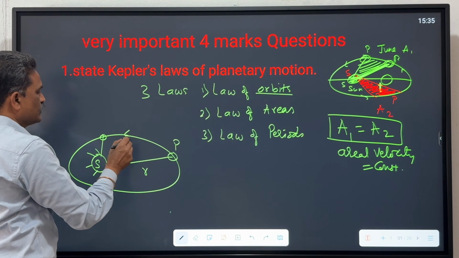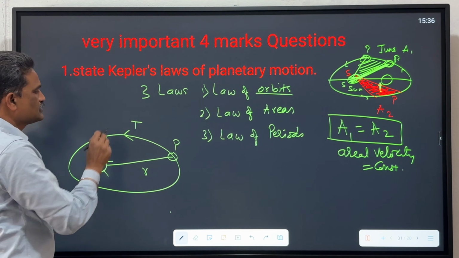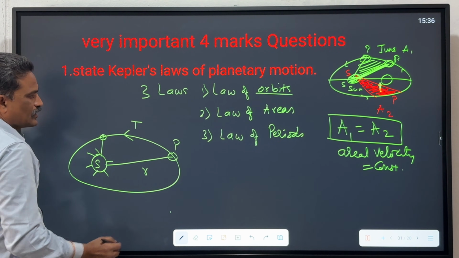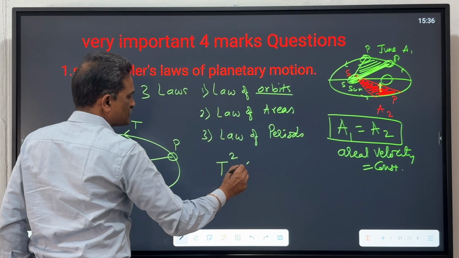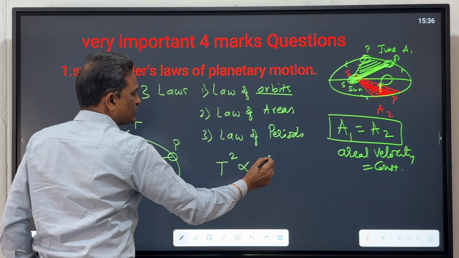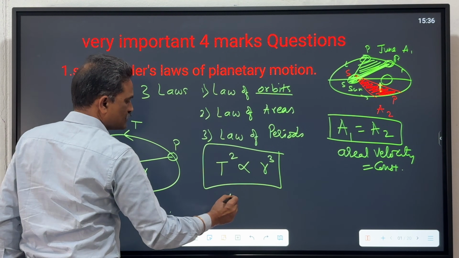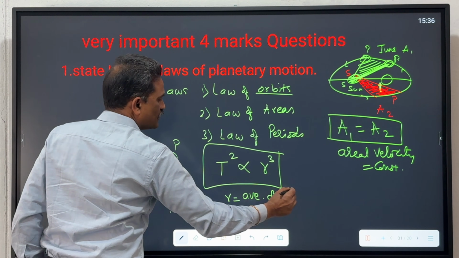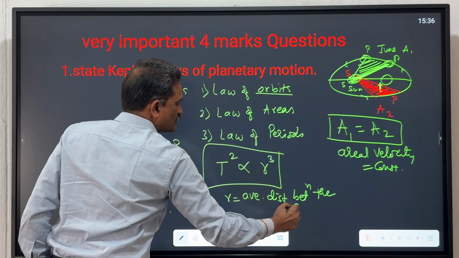The time taken by the planet to go around the sun is T. This is called the period of revolution. According to the law of periods, the square of the period of revolution of the planet is directly proportional to the cube of the average distance between the sun and the planet. Here r is the average distance between the sun and the planet.